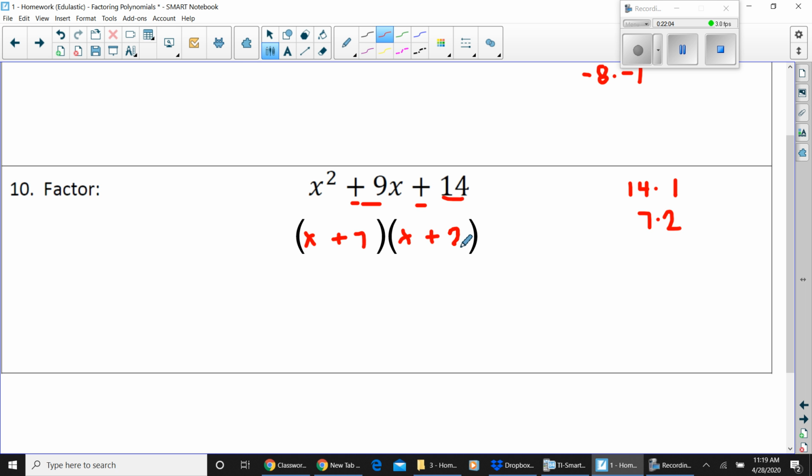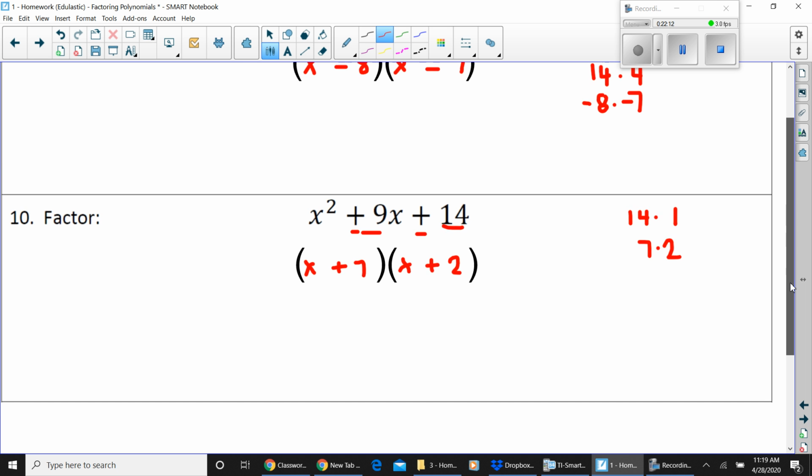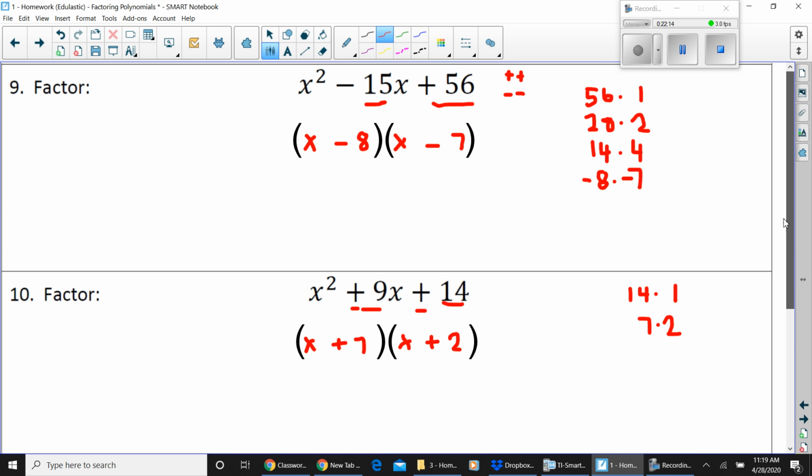All right, and that covers the homework. And covering that, factoring polynomials. Just remember, you see a trinomial like that, like these two, you're going to put two sets of parentheses down, because the trinomials like these, they are the factor of two binomials.